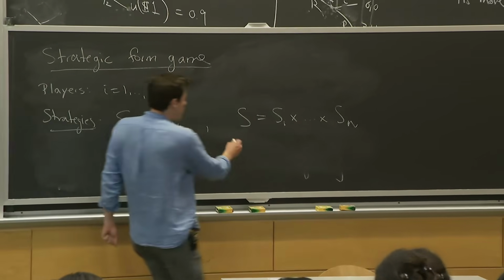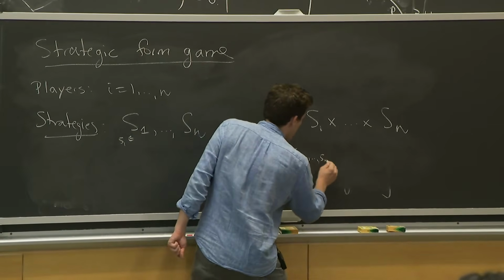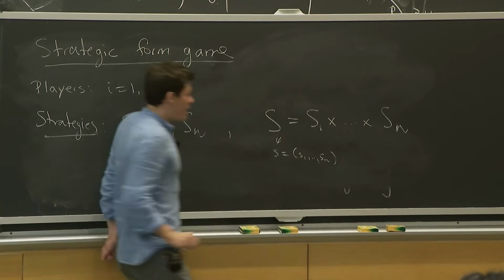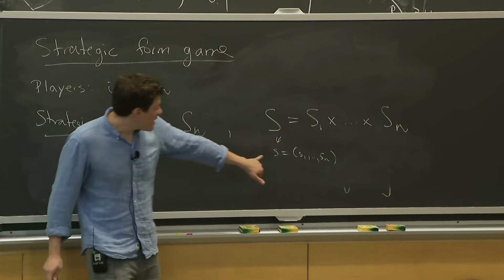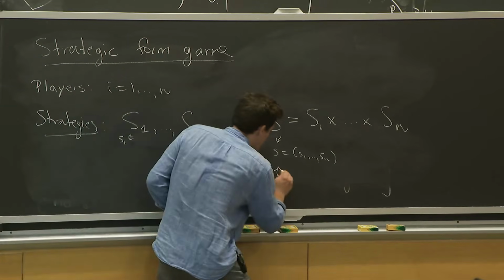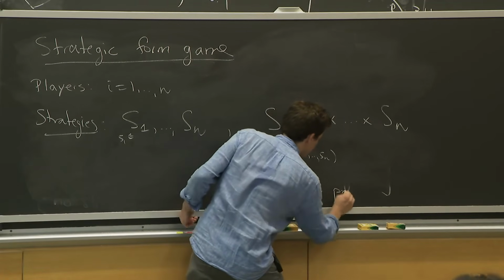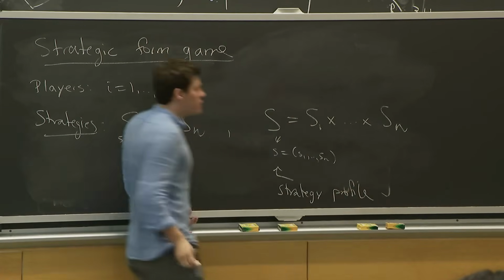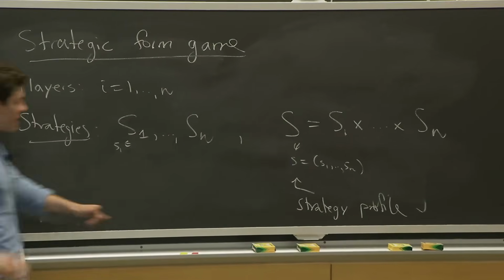So as an example, an element of this might be something like s equals (s1, up to sn). So what I'm saying is little s here is a strategy profile. So this notation will come up throughout the year, so I think it's really important to make sure we understand it.